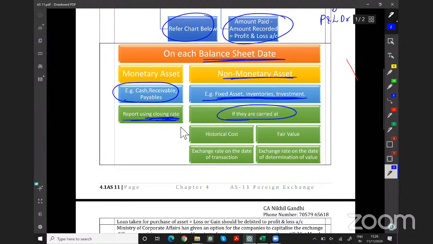If they are carried at historical cost, the exchange rate is the rate on the date of transaction. If they are carried at revalued amount or fair value, the exchange rate is the rate on the date of determining the value.